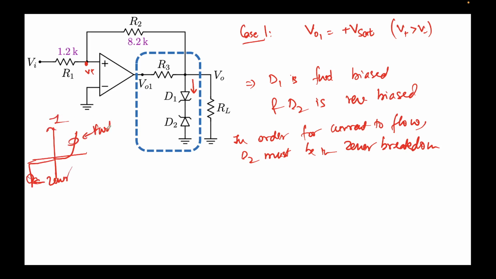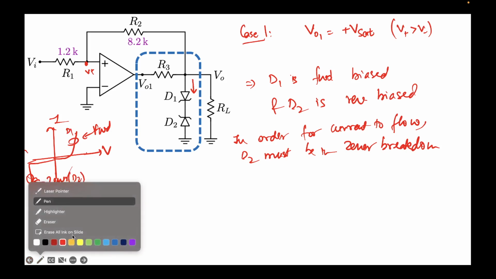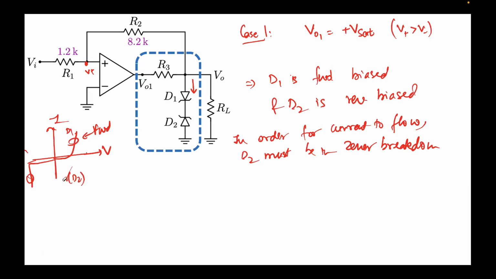This is I versus V. Okay, so we are operating either here or here. So D1 is here while this is D2. So this is Zener breakdown mode where D2 is operating.